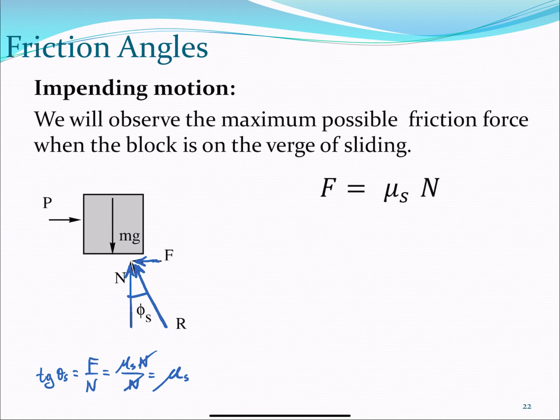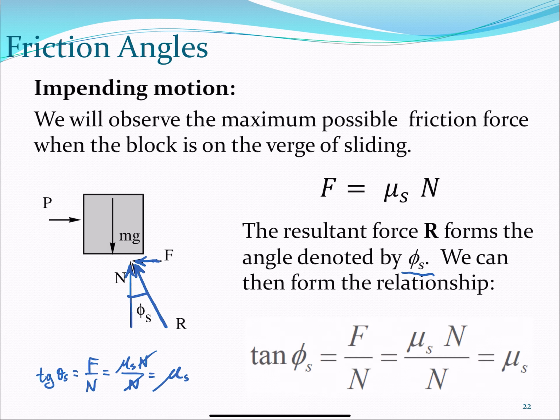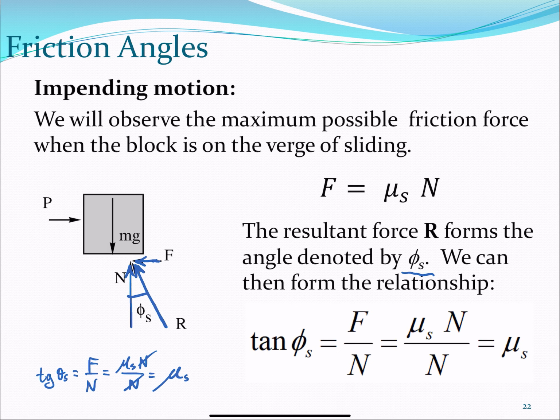So at the limit, if the friction force is equal to the maximum value, we can define the angle theta as the one whose tangent is equal to the coefficient of static friction.